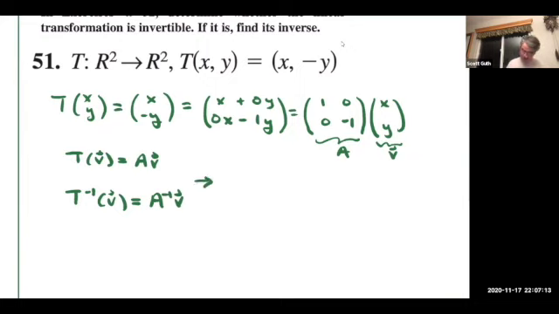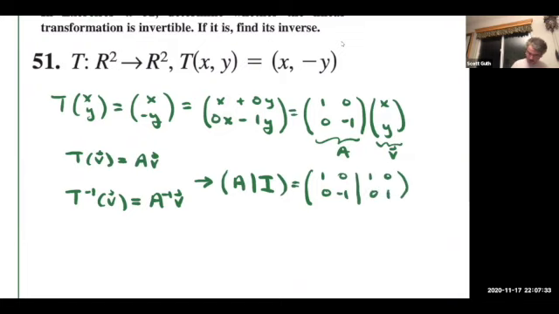Like I said, it's almost too easy, but if we do A and we attach I with an augmented matrix, you'll get 1, 0, 0, negative 1. And then put the 1, 0, 0, 1 there. And then, of course, we're going to do negative 1 times row 2 and put that into row 2. So that'll give 1, 0, 1, 0, 0, 1, 0, negative 1.